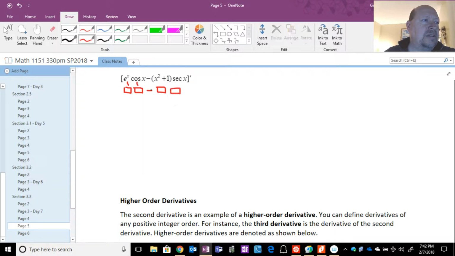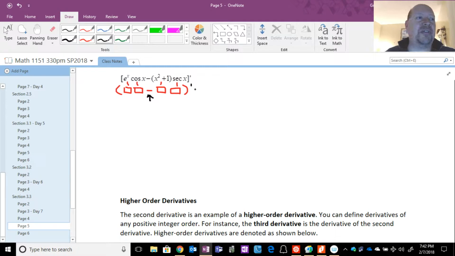So this is that block, this is that block, and then we're taking the derivative of that whole thing, right? I'm putting these blocks here to describe to you the big picture of what's happening. So really, we have the difference of two things. And so how do we apply the sum and the difference rule for derivatives?